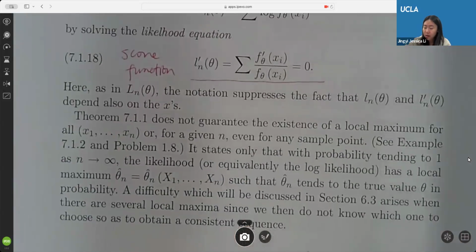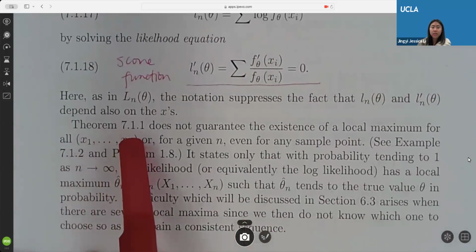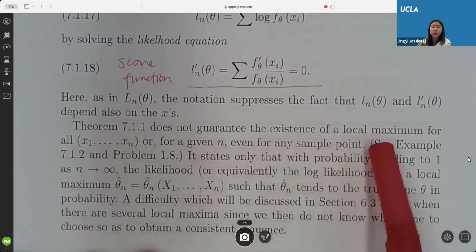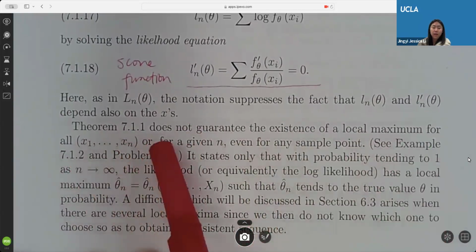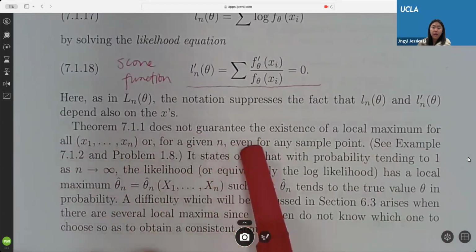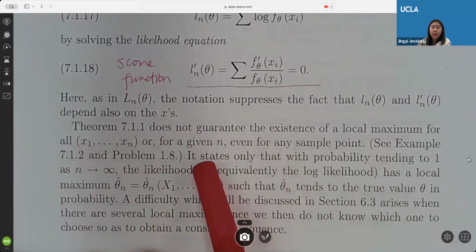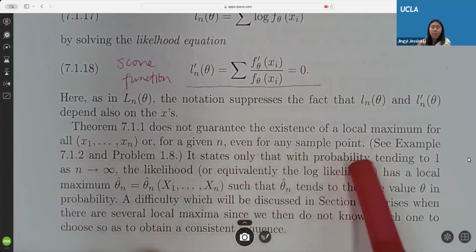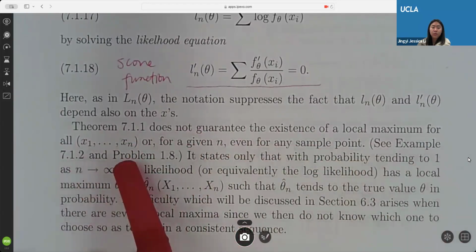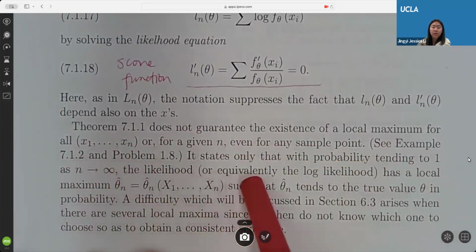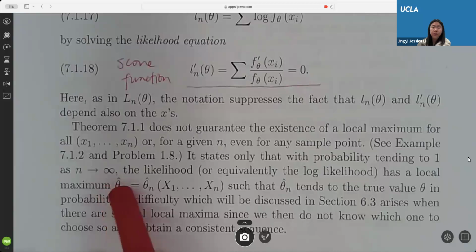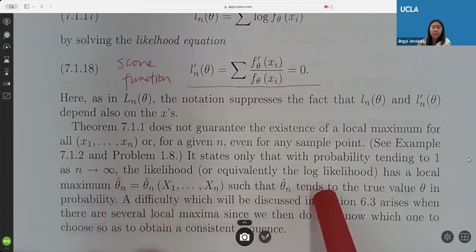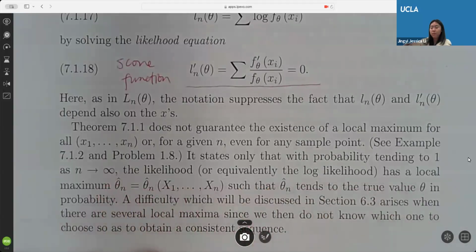Please note that the theorem does not guarantee the existence of a local maximum for all samples, or for a given n. It only states that with probability tending to 1 as n goes to infinity, the likelihood has a local maximum that tends to the true value of theta in probability.